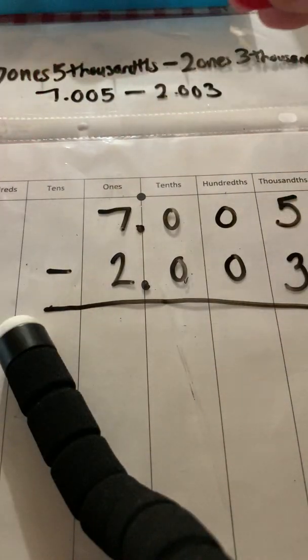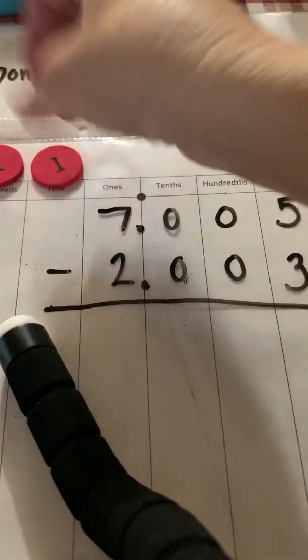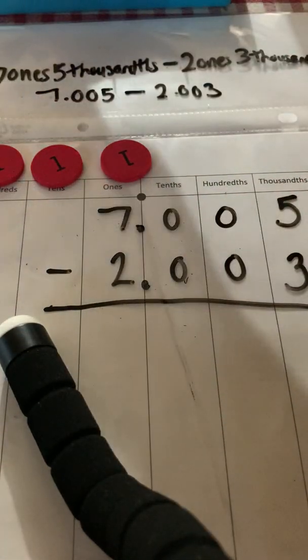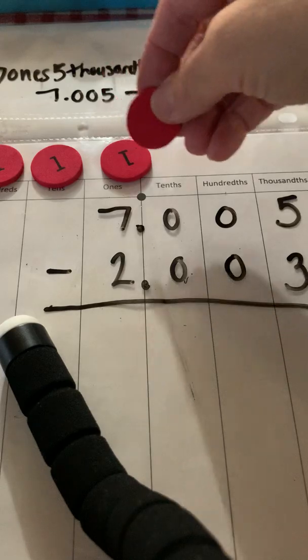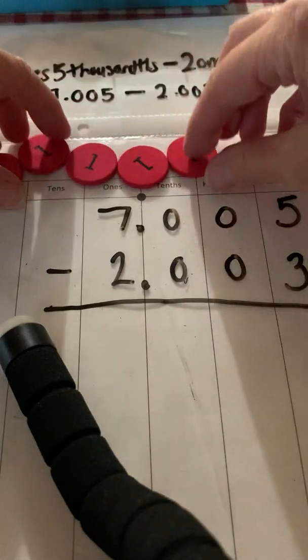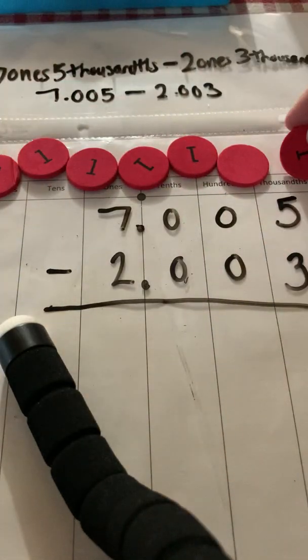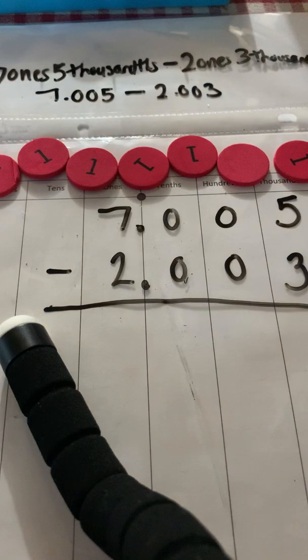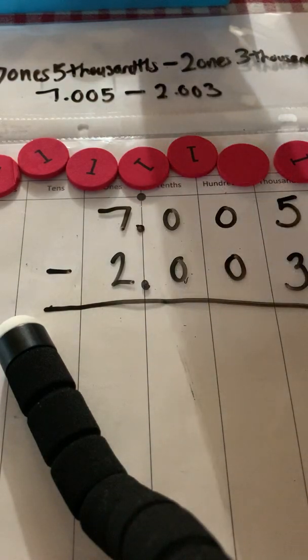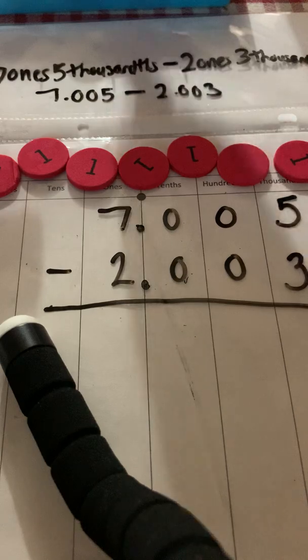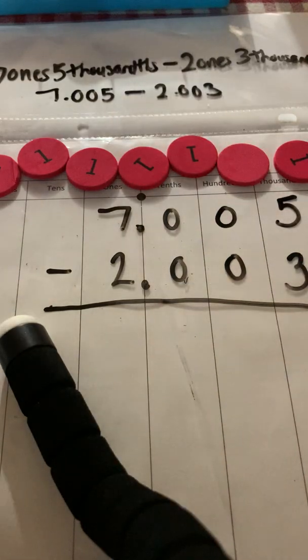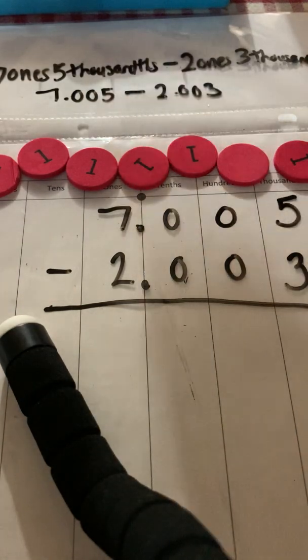I have 7 and 5 thousandths. 1, 2, 3, 4, 5, 6, 7. And then I have 5 thousandths.